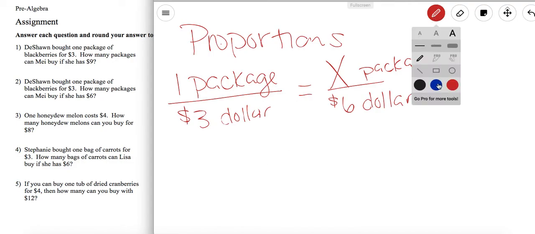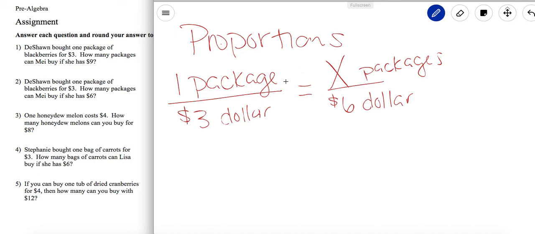Now, remember what I said with proportions. When we have our proportions, we're going to cross multiply. 1 times 6 gets me 6, and 3 times x gets me 3x. And now how do we get our x by itself?